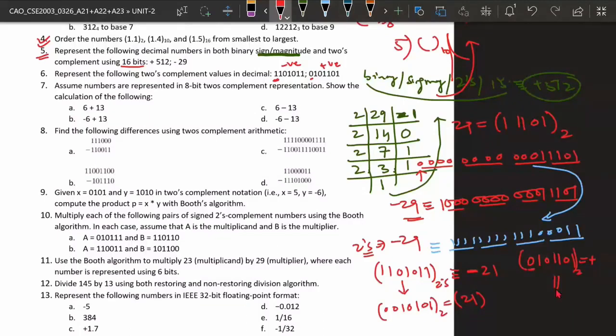So we will just convert it into the decimal equivalent. So 1, 2, 4, 8, 16. So 16 plus 8 is 24 plus 5 is 29. So this will be plus 29, the second value.